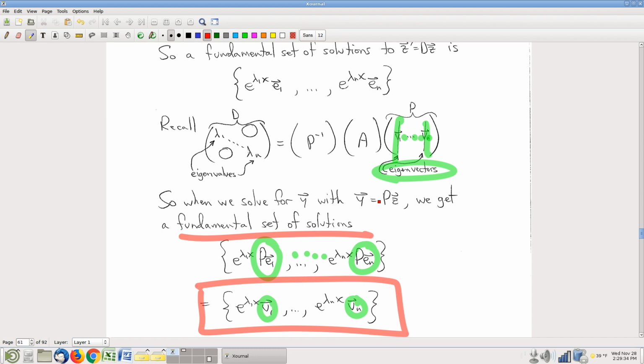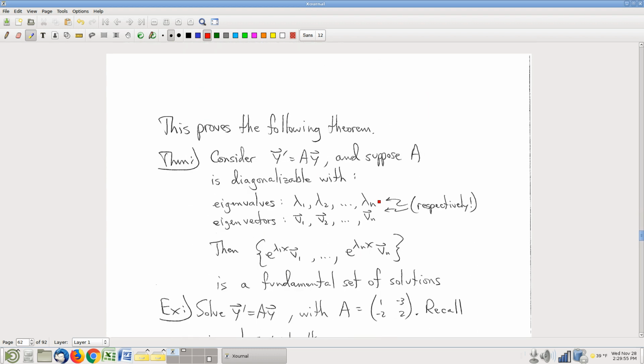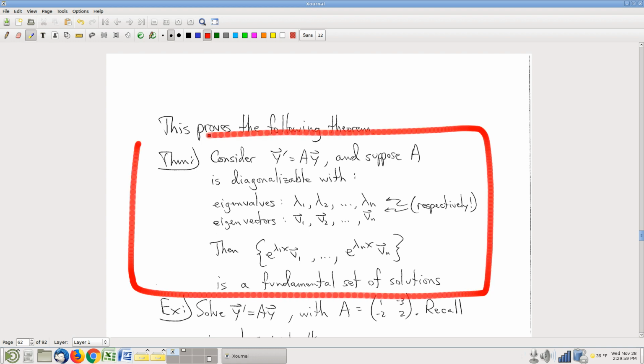What we just did is prove that for any diagonalizable matrix A, the corresponding system has these solutions. These lambdas are just the eigenvalues. These vectors are just the eigenvectors. It's always the same argument. You always get the same result. And so we have this theorem. Always the same every time.